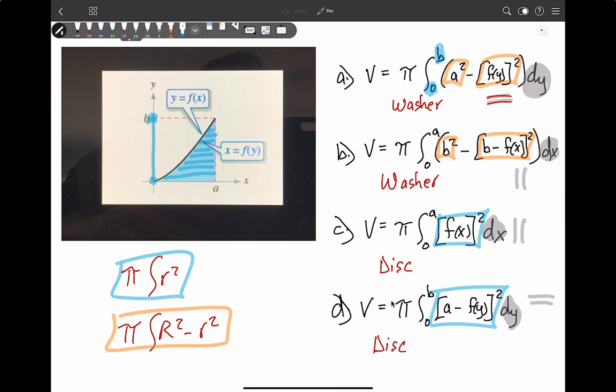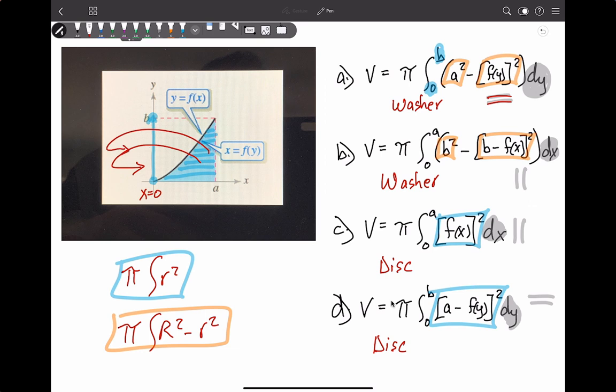So whenever I'm going to find a washer method, and this is revolving around either x equals 0 or y equals 0, this specific first one is going to revolve around x equals 0. All of this is going to come around like this out of the page and revolve around x equals 0.